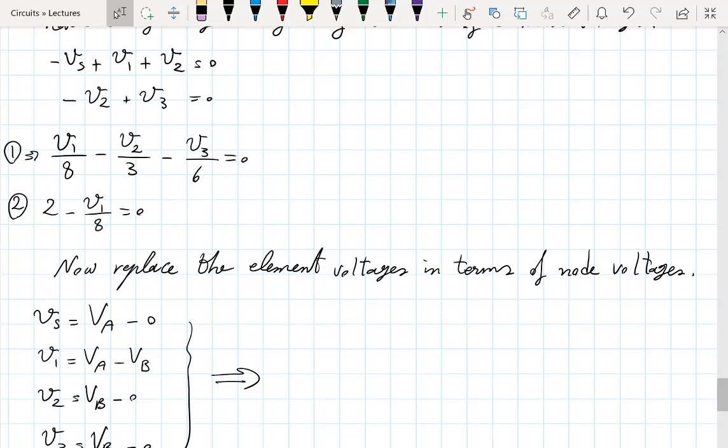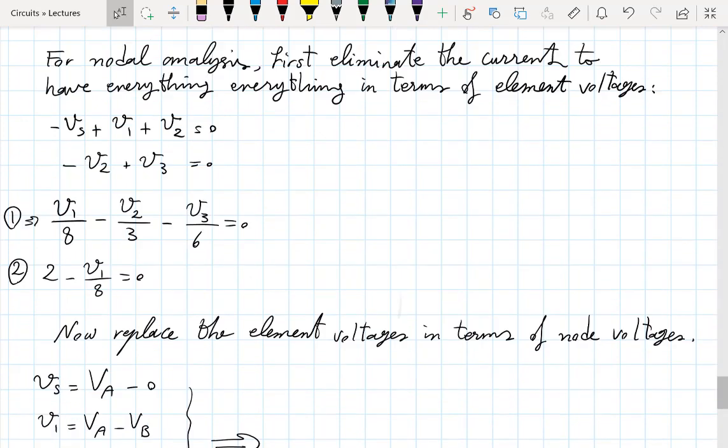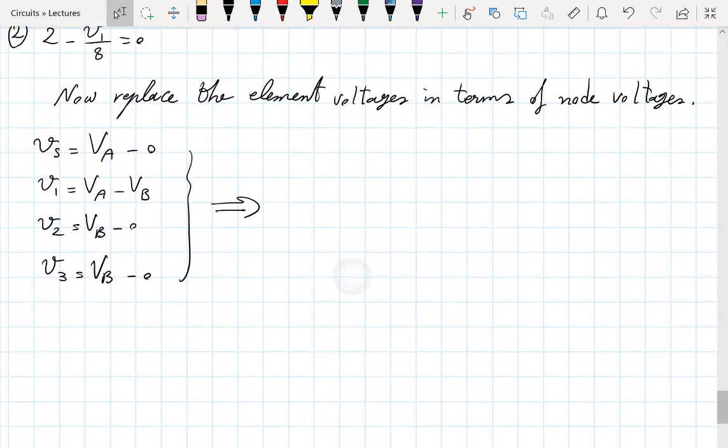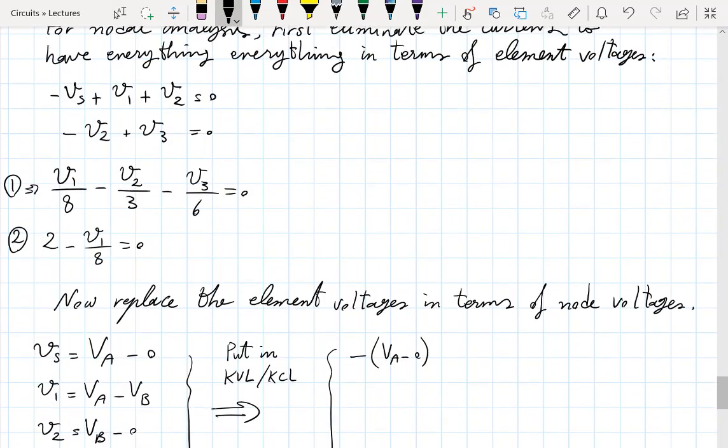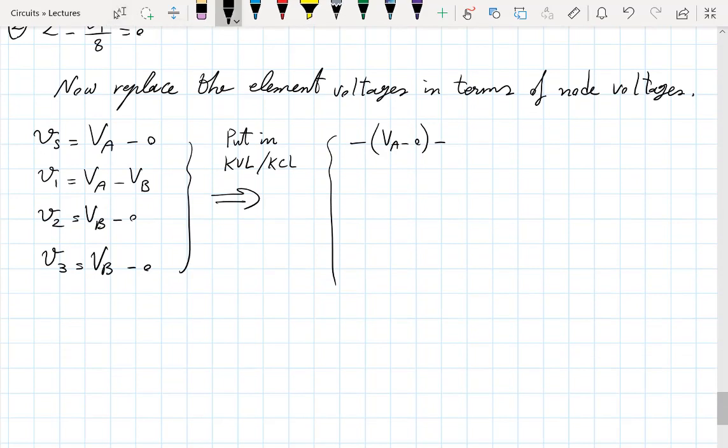So the first one is minus Vs plus V1 plus V2 equals 0. So put in, KVL. So minus Vs, which is minus VA, plus V1 plus V2 equals 0.